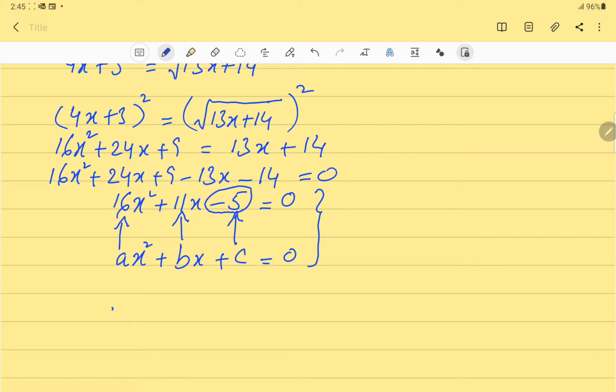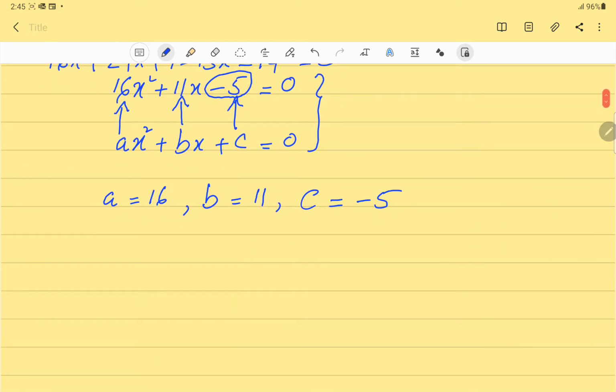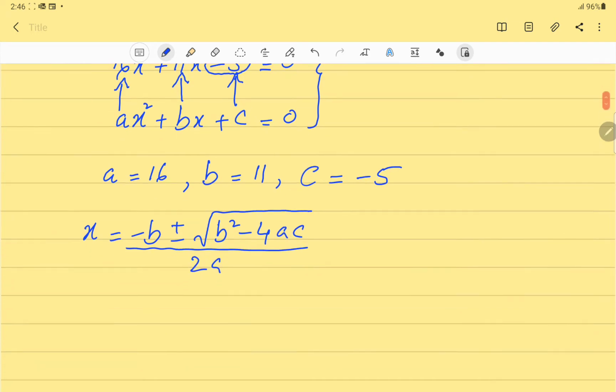We will write it here. a is equal to 16, b is equal to 11 and c is equal to minus 5. Quadratic formula looks like x is equal to minus b plus minus square root of b squared minus 4ac over 2a.